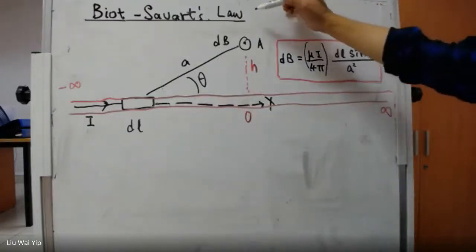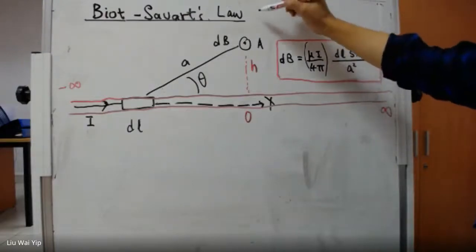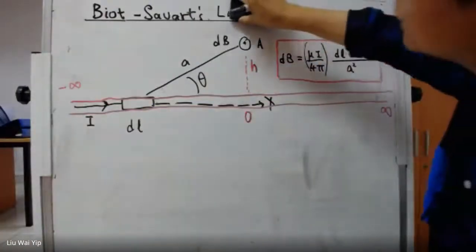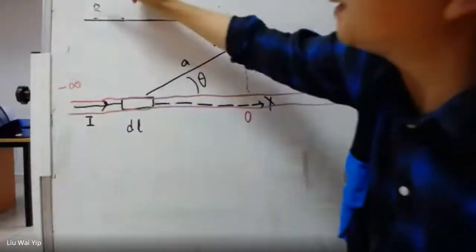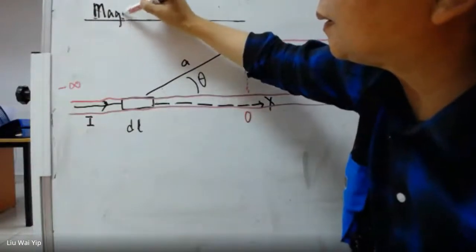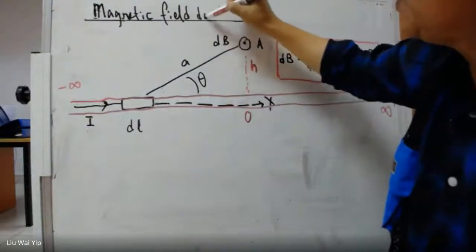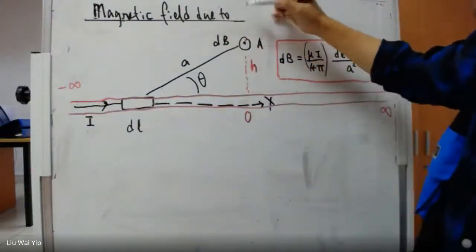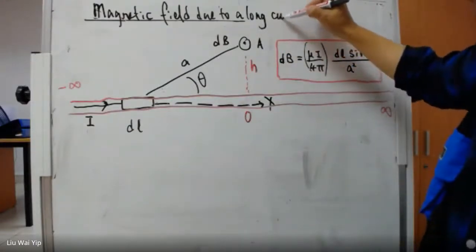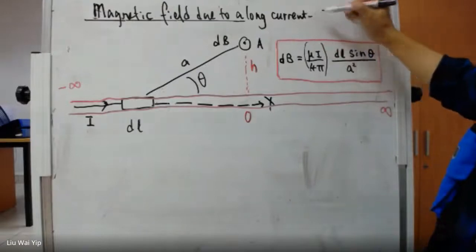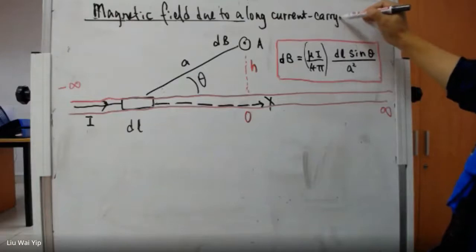So I better write this down here. The title of this video is going to be: magnetic field due to a long current carrying wire.